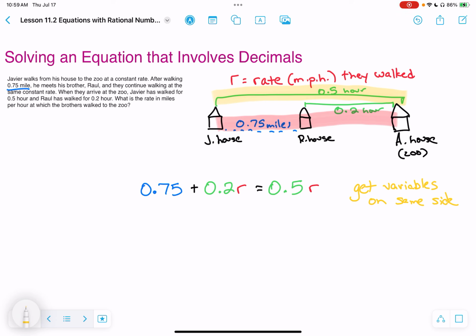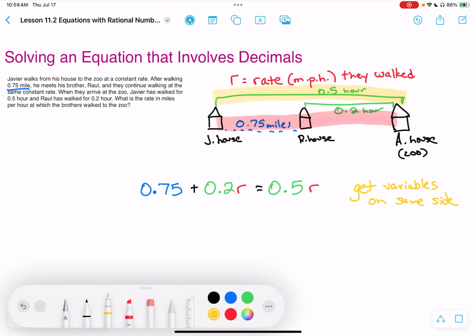That's fine. But just like the problem with the fractions, we can also solve this by turning all of the decimals into whole numbers. Turning decimals into whole numbers is much easier than turning fractions into whole numbers because to turn a decimal into a whole number, all we have to do is just move the decimal point over a certain number of spots.